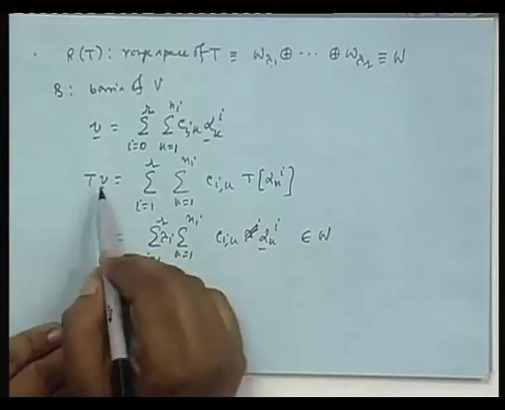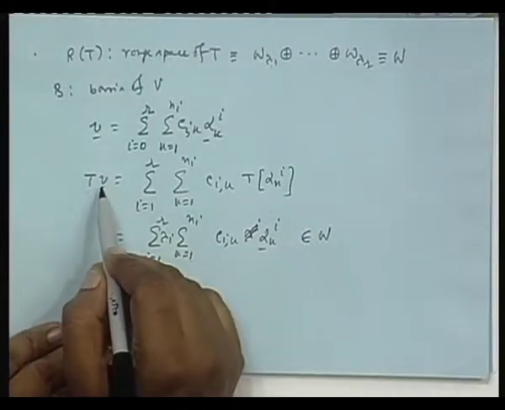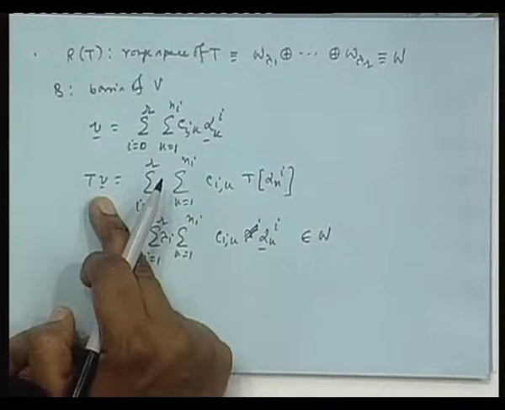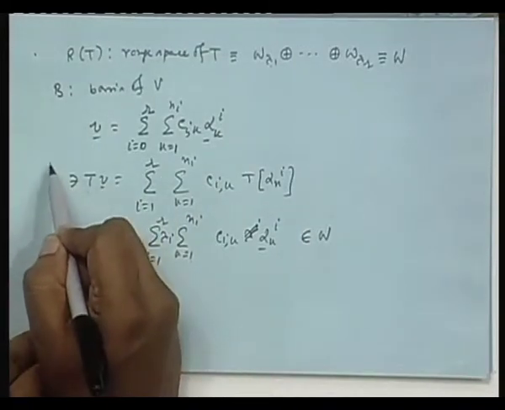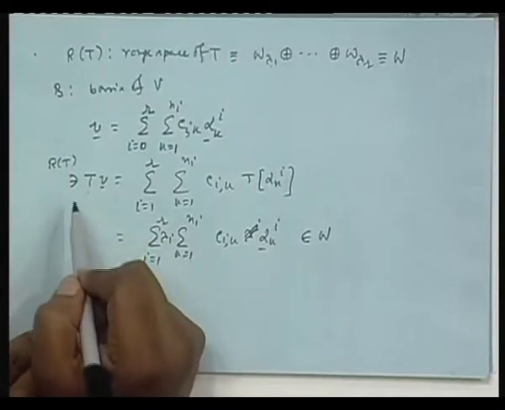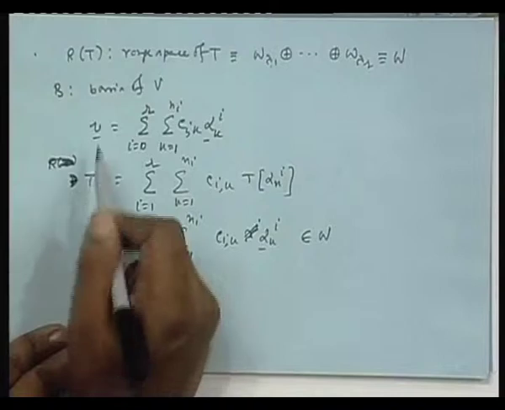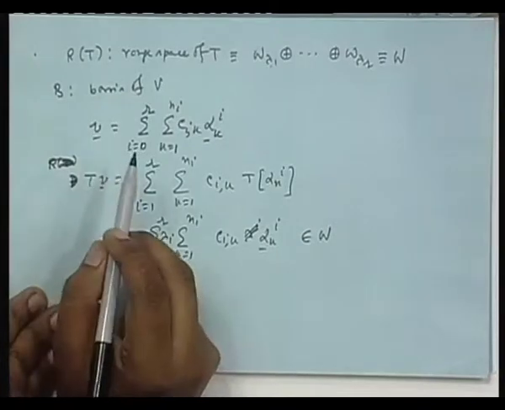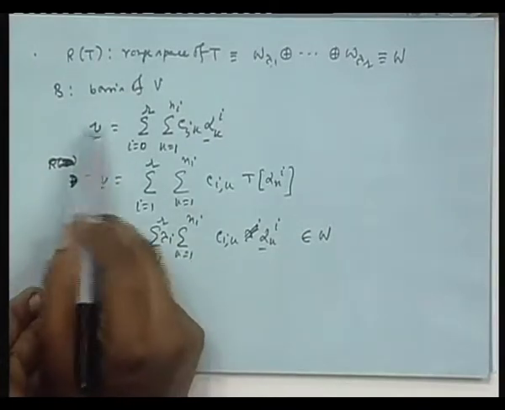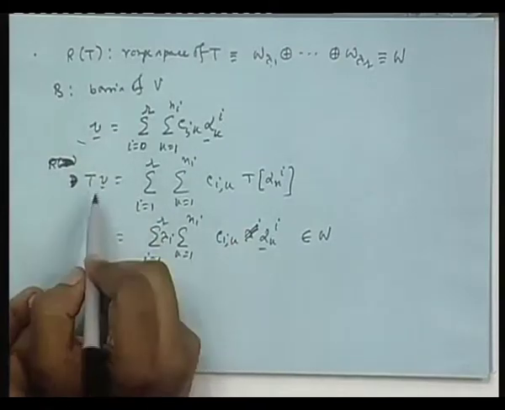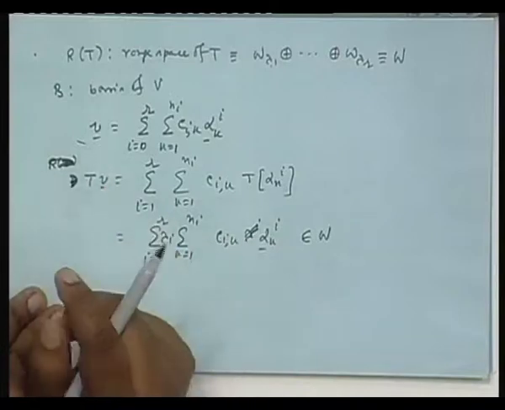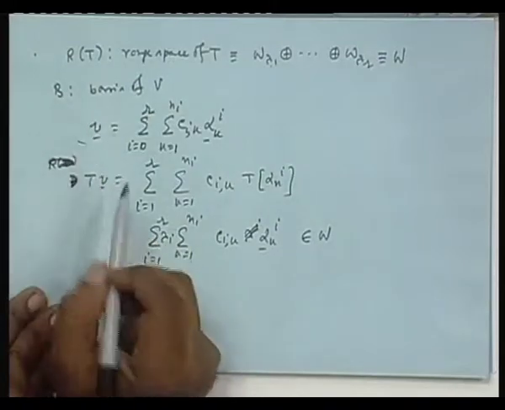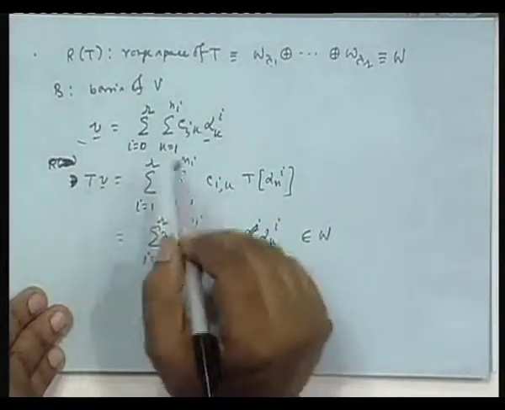If you consider the range space of T, any vector there can be written as some T v, because the range space only consists of the action of T on the elements of V. So any vector you pick from the range space R T can be written as T v, where v is some vector of V, which I write as a linear combination of the basis vectors starting at i equal to 0 up to r.